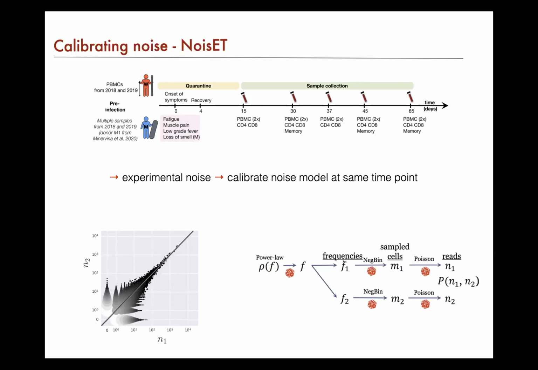So our noise model has 2 steps and takes us from the real frequencies that we cannot observe to the frequencies we actually observe in the data. Once we've calibrated the noise model, this gives us a basis for probabilistic inference of the response.